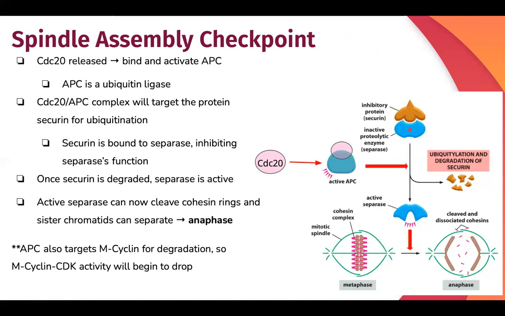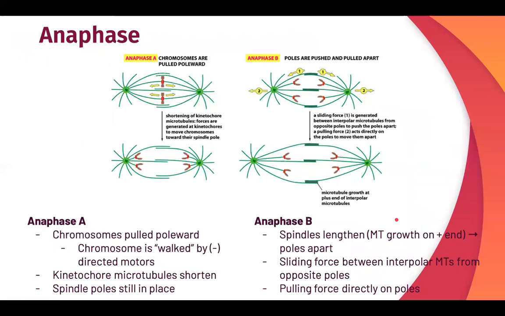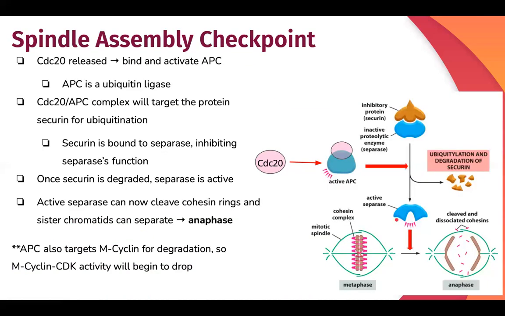Originally, securin and separase are bound together, but then the APC CDC20 complex ubiquitinates securin, and then they are no longer attached to each other because securin is ubiquitinated, chopped up into pieces. All you have is a solo separase, which has changed conformation because it's no longer bound to securin. And then it can cleave all of the cohesin rings, which are the pink rings shown at the bottom, so that your sister chromatids are separated from each other, and then they can go into anaphase.